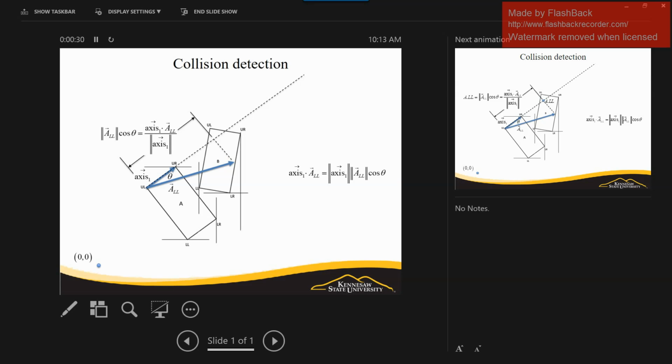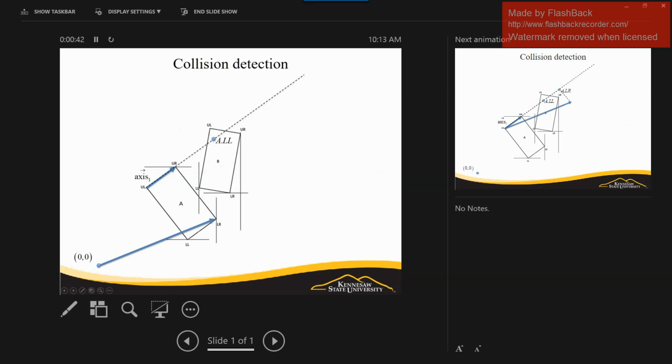Okay, so we've identified this point, A dot LL, which I'm representing really by the distance from this corner to that point. Okay? Now, I'm going to keep the axis the same, and I handled this point right here. Now I need to handle the other points. And I left that guy right there. That was the result of looking at this point.